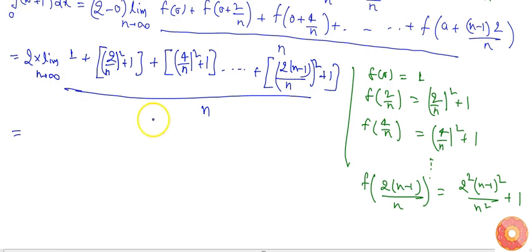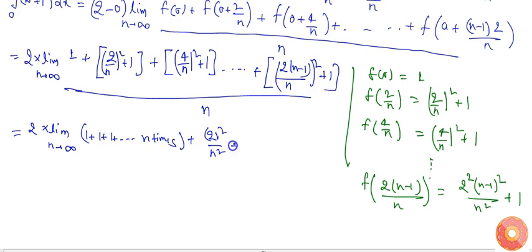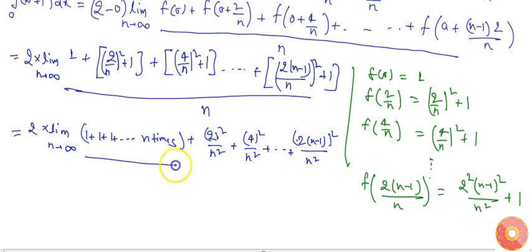Since the numerator of the limit has n terms, if I add 1 n times, I get 1 plus 1 plus 1, n times, plus, just separating the one term and the n variable term, 2 square by n square plus 4 square by n square plus up to (2(n minus 1)) square by n square, all divided by n.